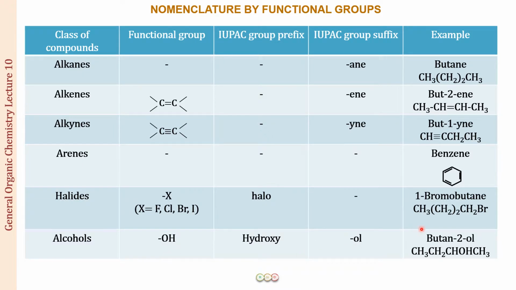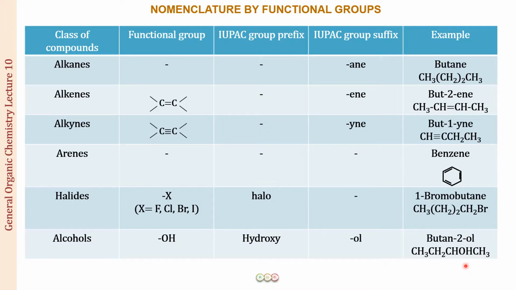For example, we have this molecule. In this we have all carbon atoms and hydrogen atoms apart from this OH group. So this is the functional group, which we denote in the name as ol, and this 2 just denotes the position of the OH group.